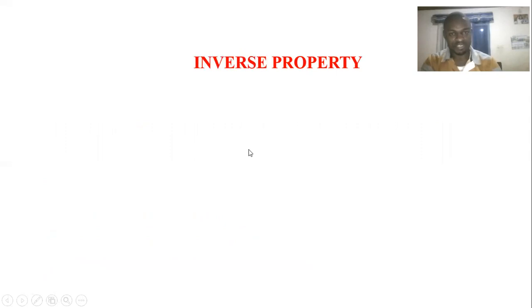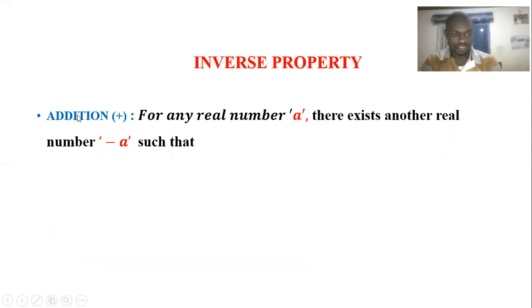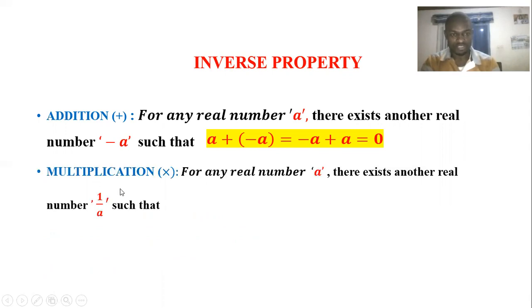The next property is that of the inverse. Again, we look at addition. For any real number A, there exists another real number, negative A, such that A plus negative A is equal to negative A plus A, which is equal to 0. Multiplication.